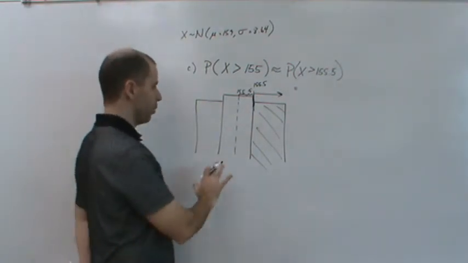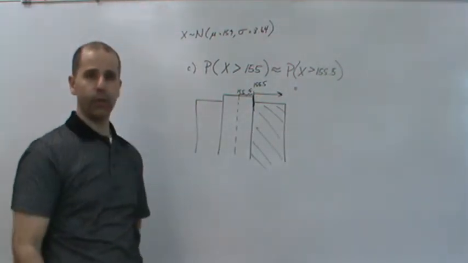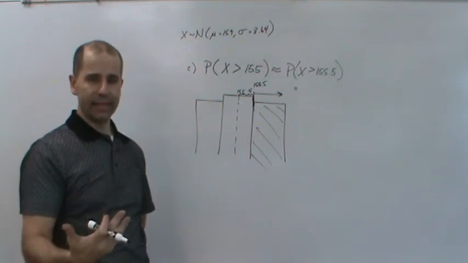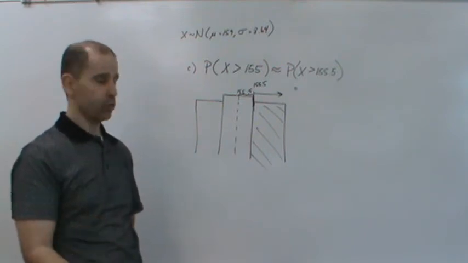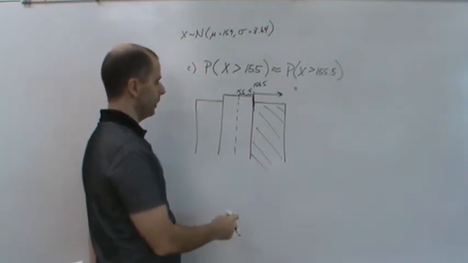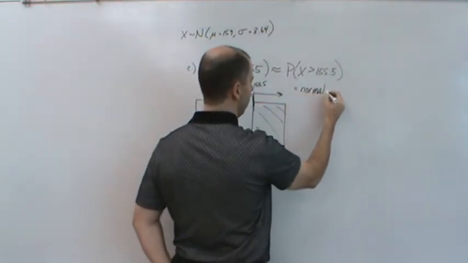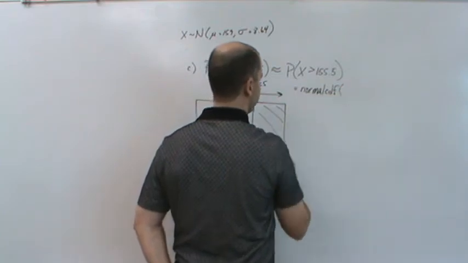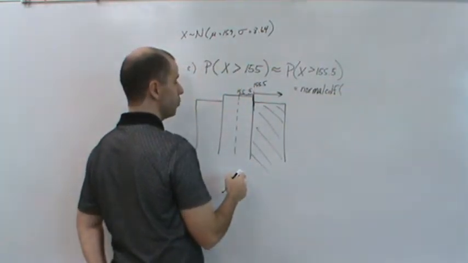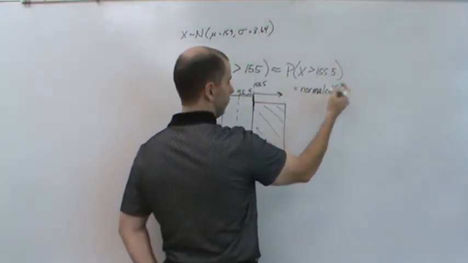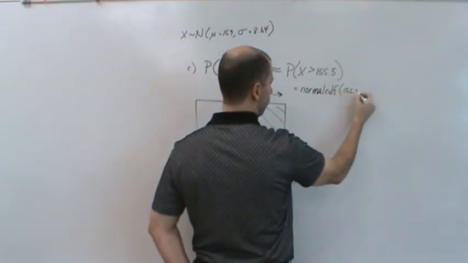I hope me drawing the pictures makes sense, because when you read in the textbook, it's hard to visualize. So draw a picture. Now we're going to use normal CDF, and we know what to put in now. The lower bound is 155.5.